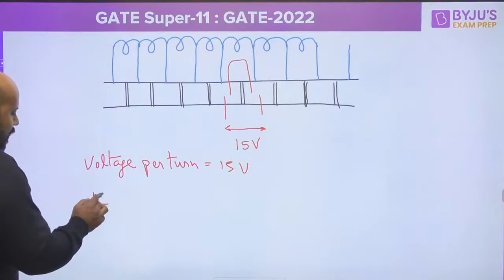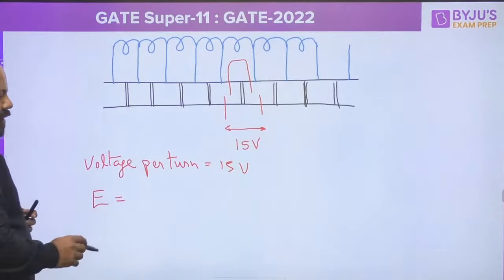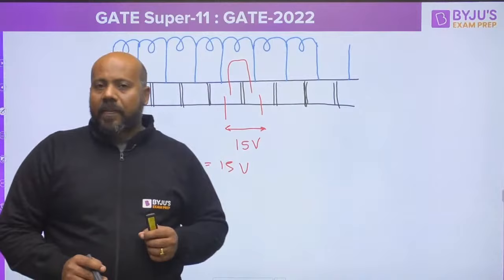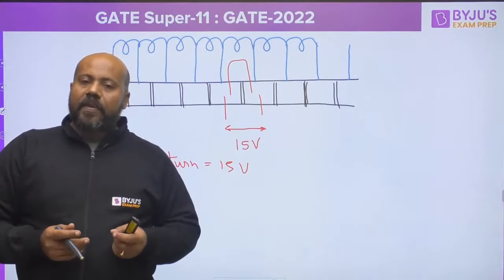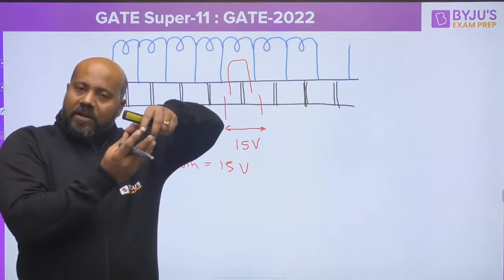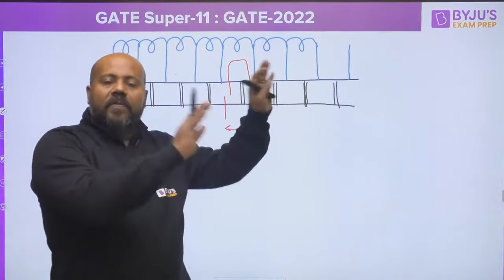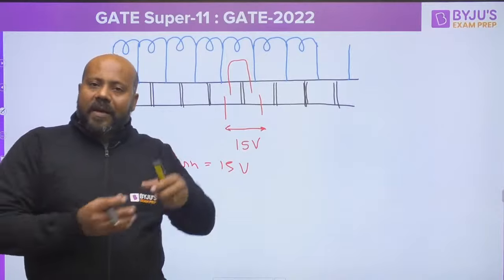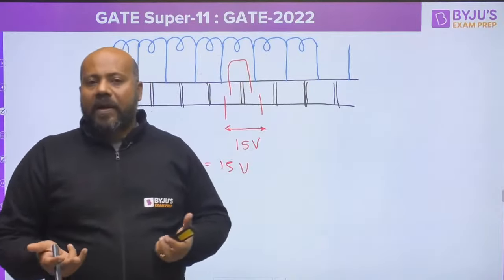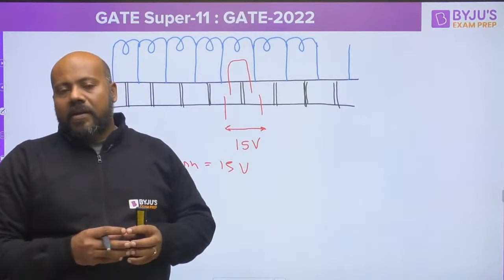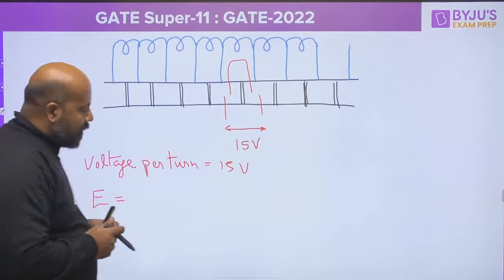So if you want to write the total generated EMF in the generator, what is it going to be? If you can find the total EMF generated in one parallel path, how many parallel paths are going to be there? If one parallel path EMF you can find, that will be the final EMF generated, yes or no?